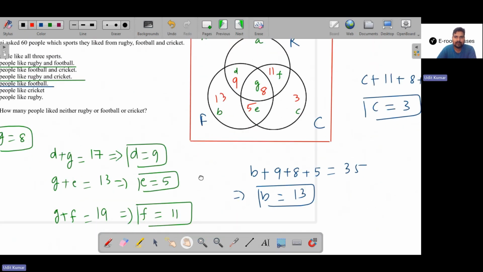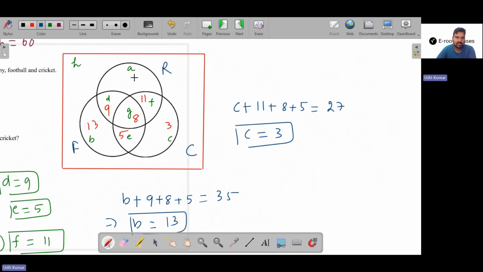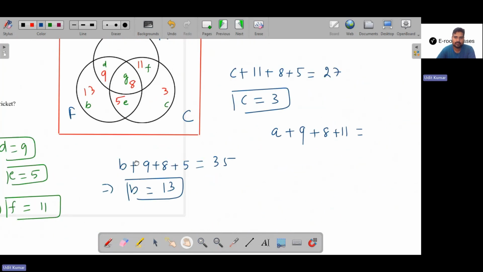And 30 people like rugby. So if 30 people like rugby, it means A plus 9 plus 8 plus 11 should be equal to how much? 30.